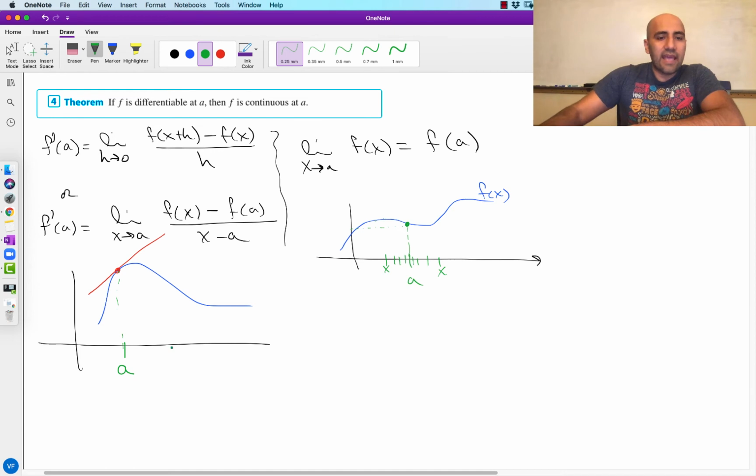And so as x gets infinitely close to a from either direction, that's the limit as x approaches a, then the ratio of f of x minus f of a all over x minus a is going to eventually, the limit as x approaches a of this ratio is going to give you the slope of this line, right? That's the derivative.